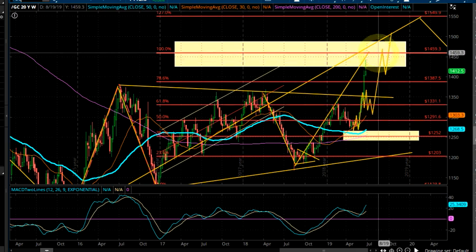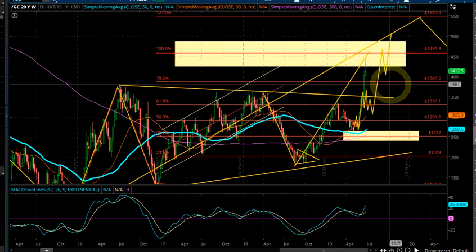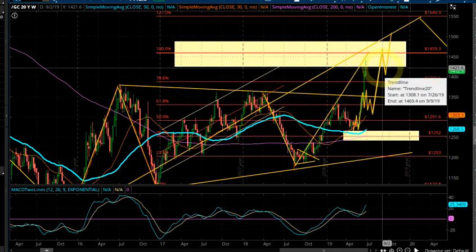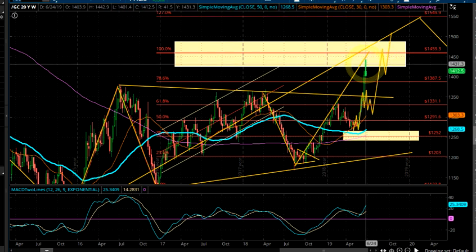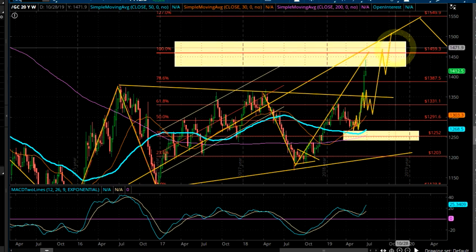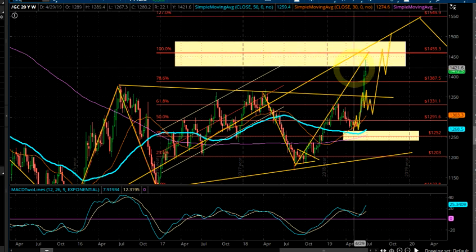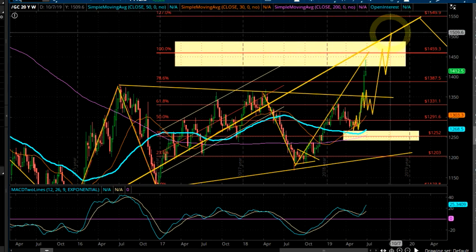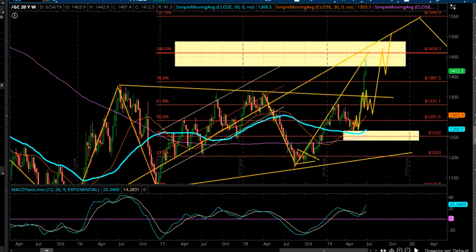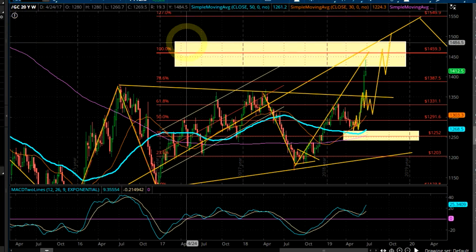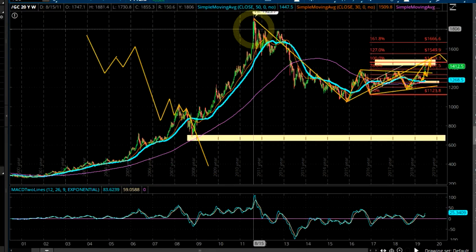I mean, you can see how I have it drawn here. Didn't quite work out that way, but the idea is the same. You get a wave 3, get some sort of 4, and then rally into 5. Now 5 could be extended some. It's pretty common in commodities, but this is also a corrective move.